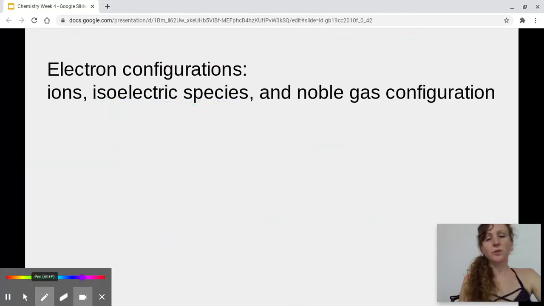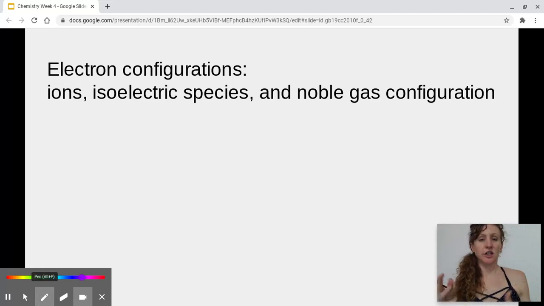You may have already noticed as you're writing out electron configurations for these atoms that are a little bit bigger, that they get a little bit repetitive and a little bit tedious.